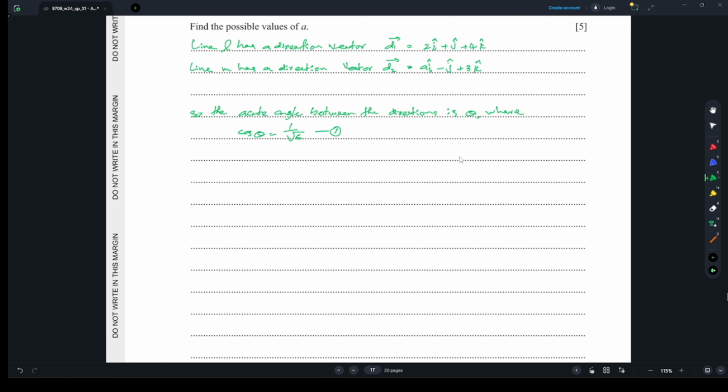Let's take it. Then now we can use the dot product to find out this angle. By using the dot product, we can write cos theta, which is the dot product of the direction vectors divided by their modulus.